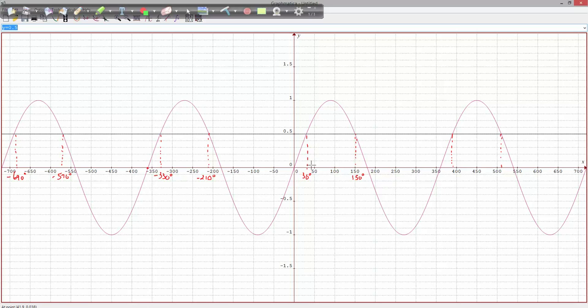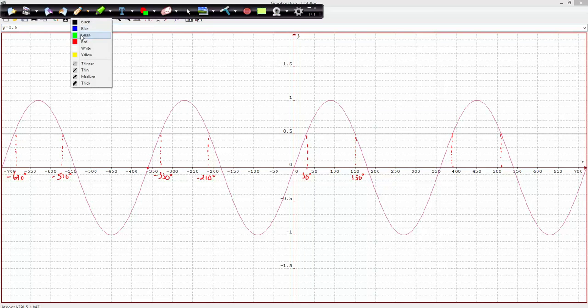We're still trying to find all the solutions to the equation sine x is equal to 0.5. So let's have a look at some patterns.